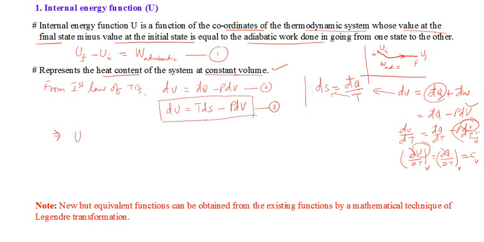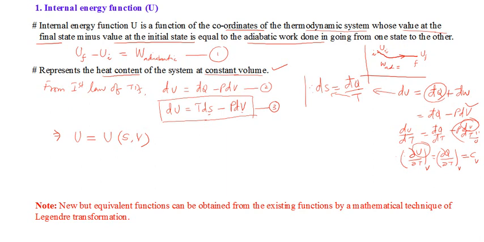One is S and the other is V. So I can express the internal energy of the system as a function of two very definite variables, which are S and V. S is the entropy and V is the volume. So this is yet another relation that I want you to remember.